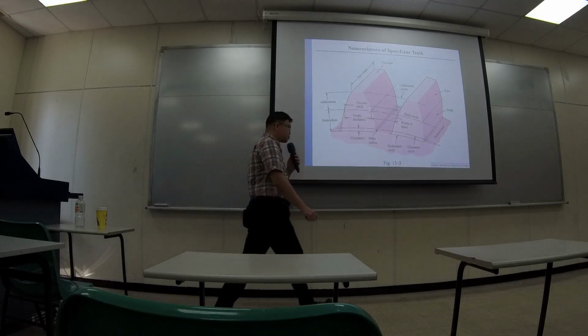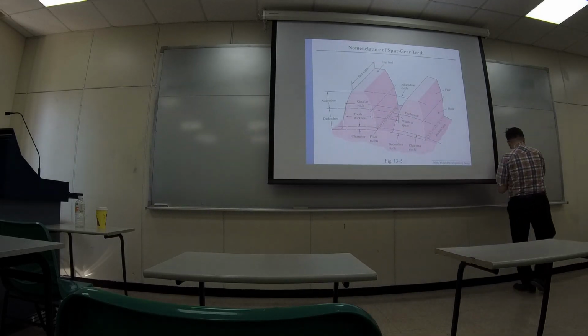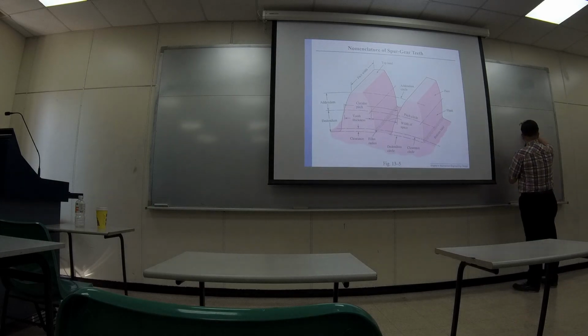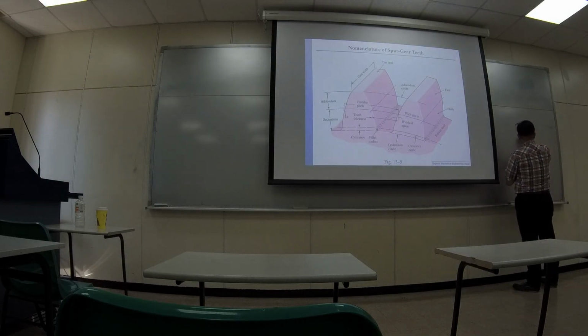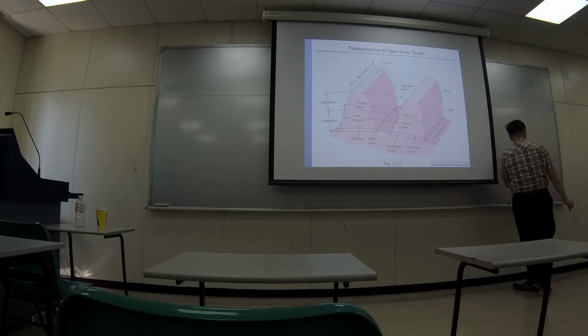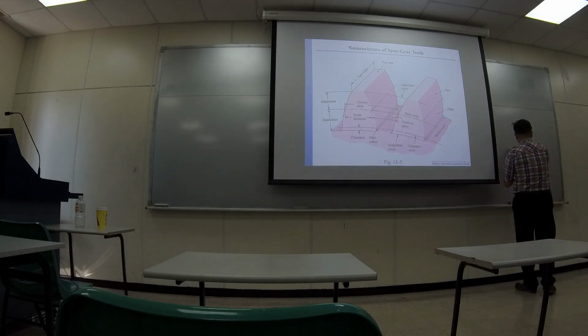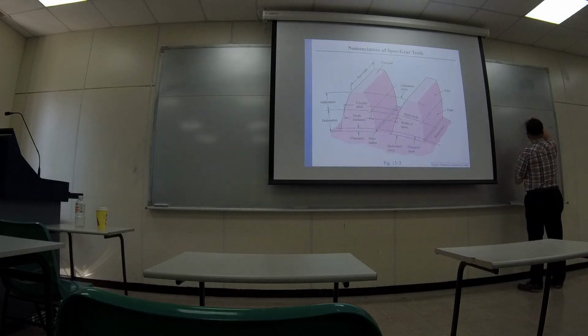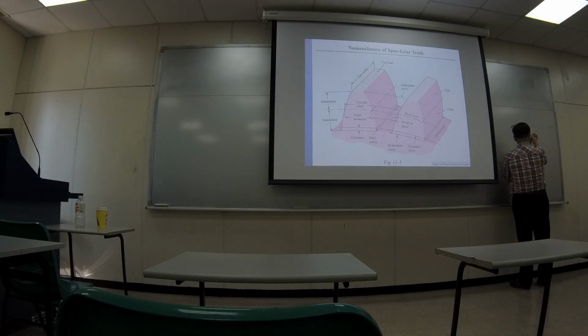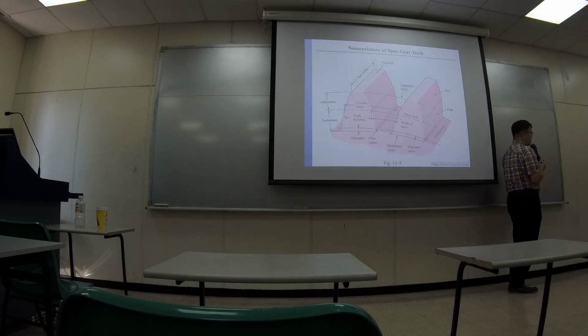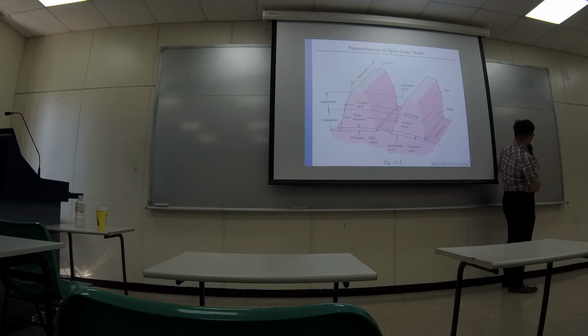So when you design gears, for spur gears, for example, you have a bigger one and a smaller one, and you assume there is force being applied from one side to the other side.